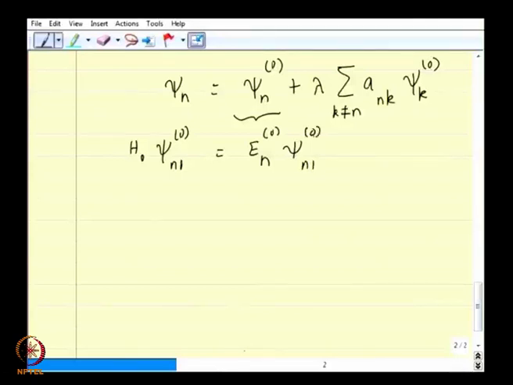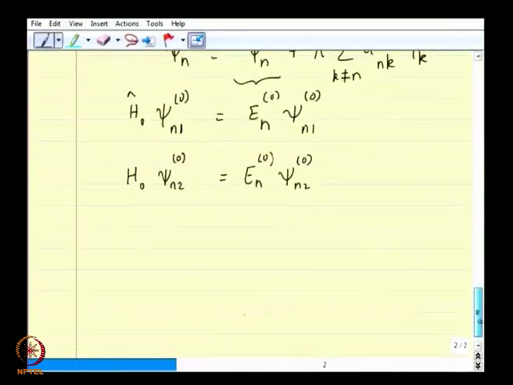The fact is that there are two wave functions that we will assume correspond to the degenerate states, that there are two states which are degenerate, n1 and n2, both of which have the same energy, H0 psi n2 0 equal to E n0 psi n2 0. My written text may have a slightly different notation, but you can make the correspondence straight away by following this argument. Now given this, assuming twofold degeneracy, how do we proceed?